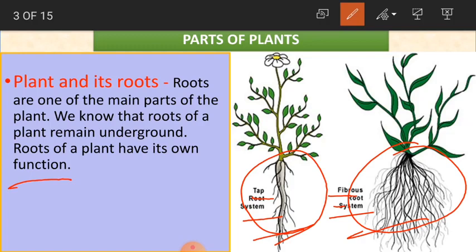The taproot system is a thick root, a single main root. And fibrous is like a bunch of roots, a number of roots, coming from the plant. Here, it is just one single thick main root from the stem. Here, a bunch of roots. We will learn in detail about them.